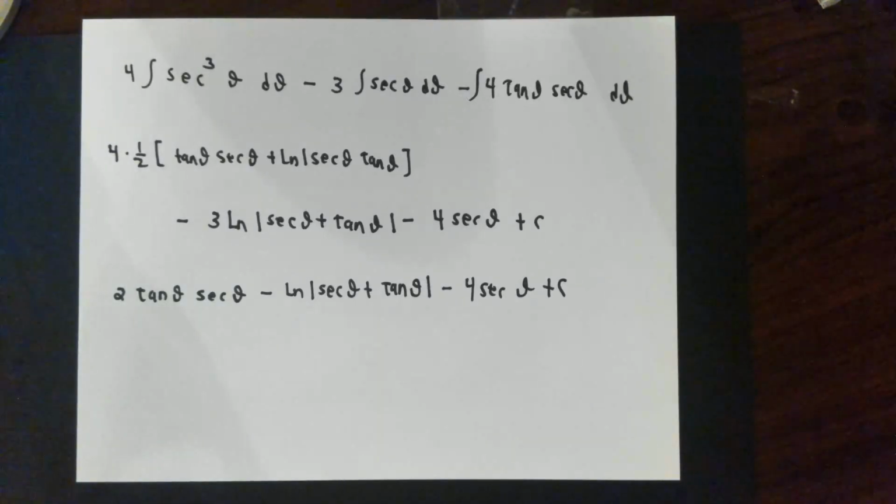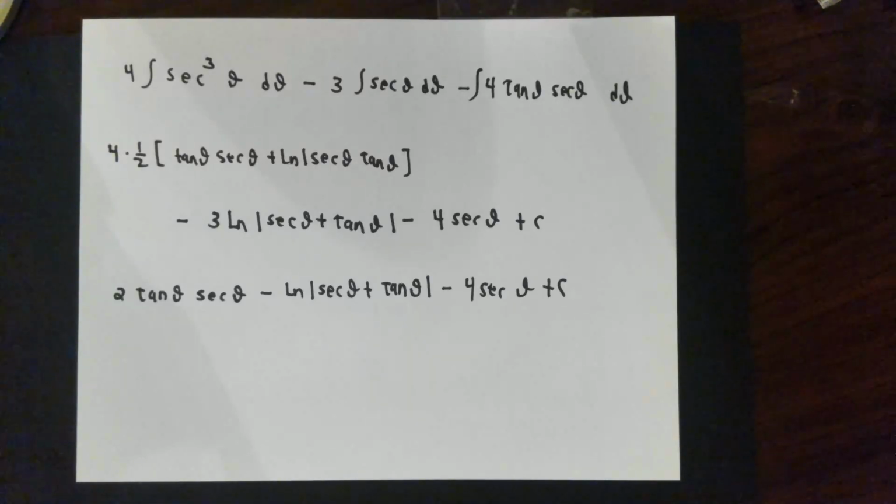Since this has already gone on quite a while, I'll omit the details of the algebra. The result is 2 multiplied by tangent theta secant theta minus natural log absolute value secant theta plus tangent theta minus 4 secant theta plus the constant of integration.